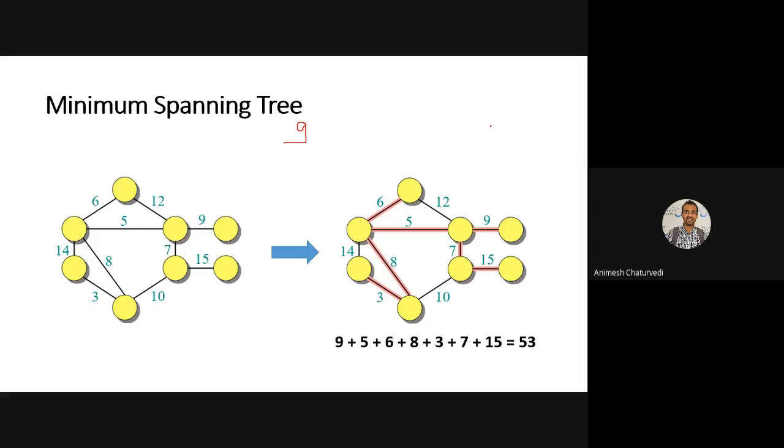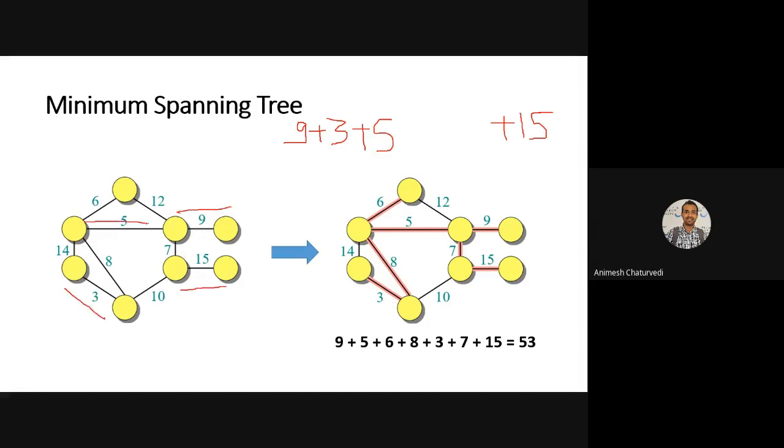That 9 and 15, sorry, 9 and 15 must be part of any spanning tree in the graph. So 9 and 15 must be added. Now what we want to do is something minimum, so 3 should be there. Then something minimum, what is minimum after this? 5 should be there. Like this it has been created.